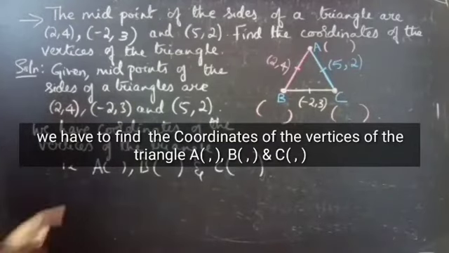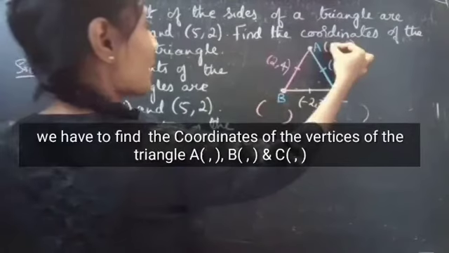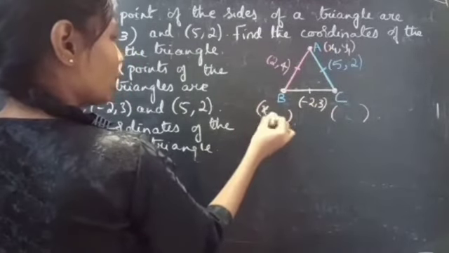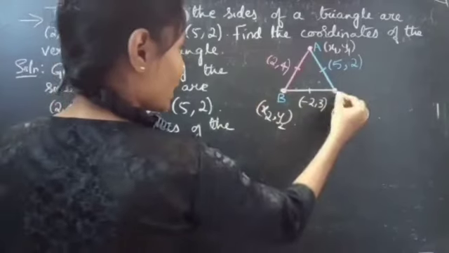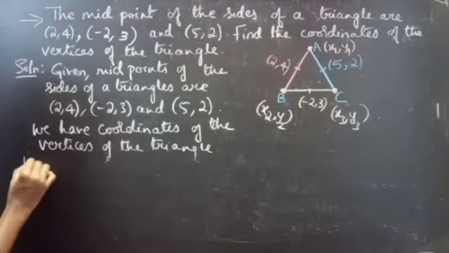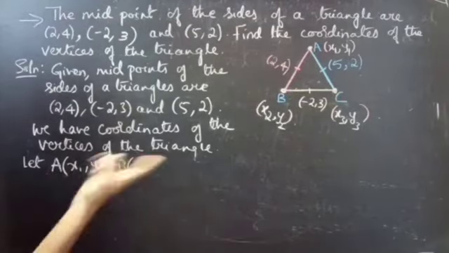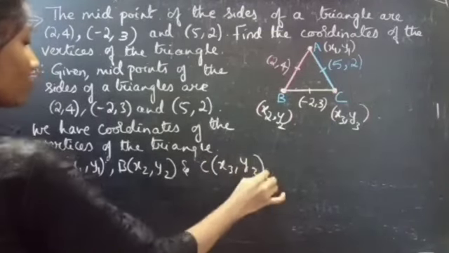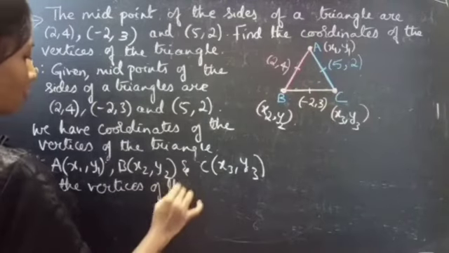Let vertex A be (x1, y1), vertex B be (x2, y2) and vertex C be (x3, y3), the vertices of the triangle.